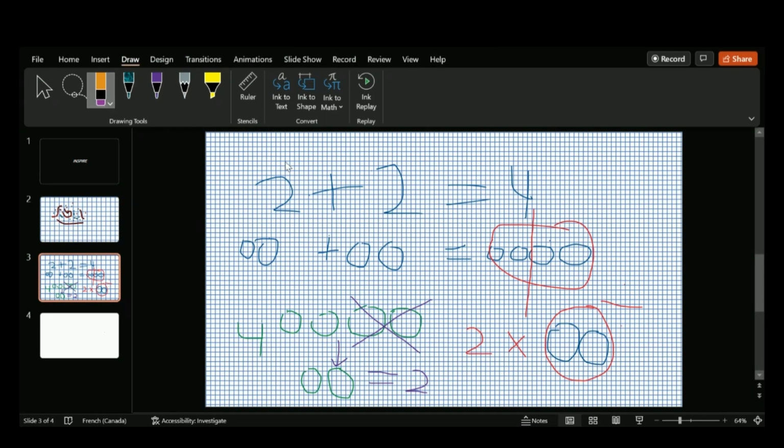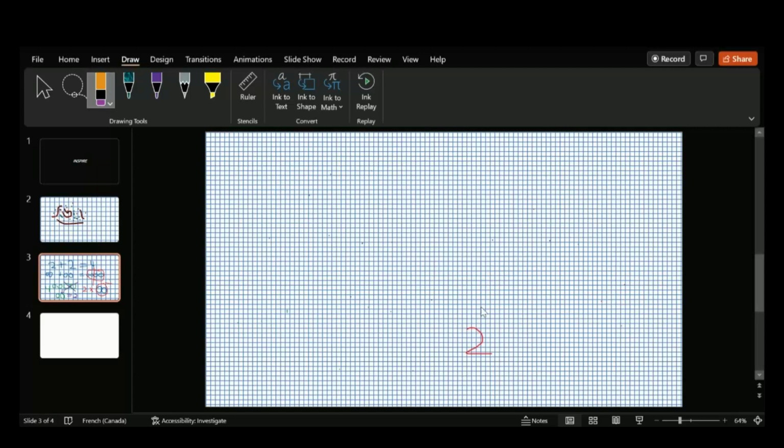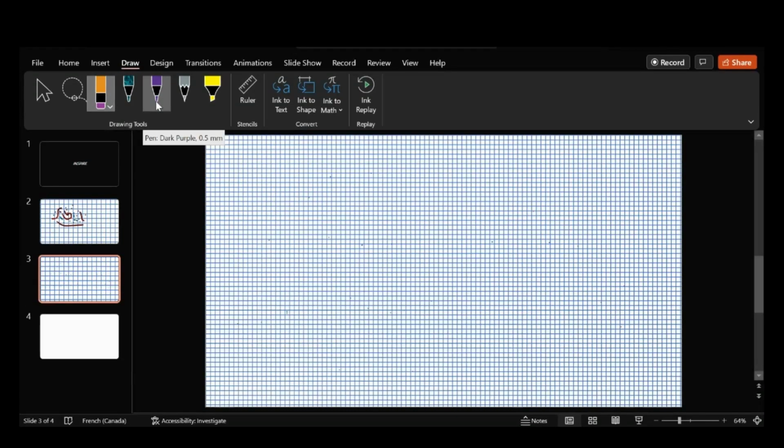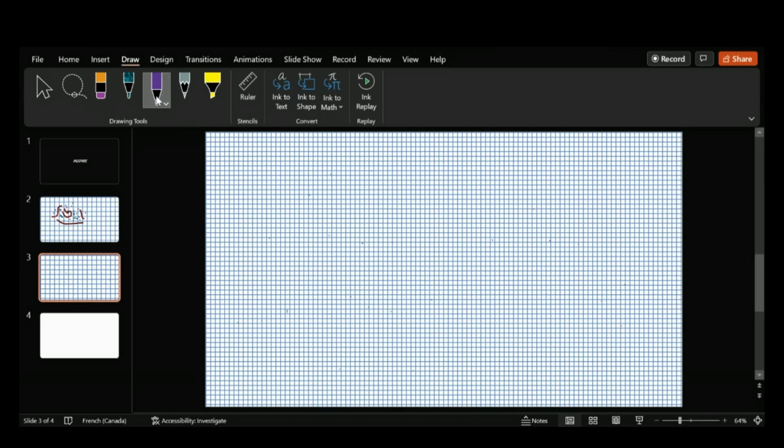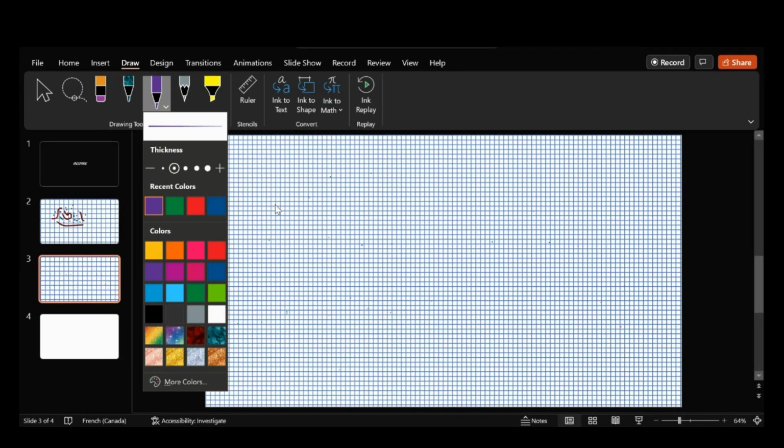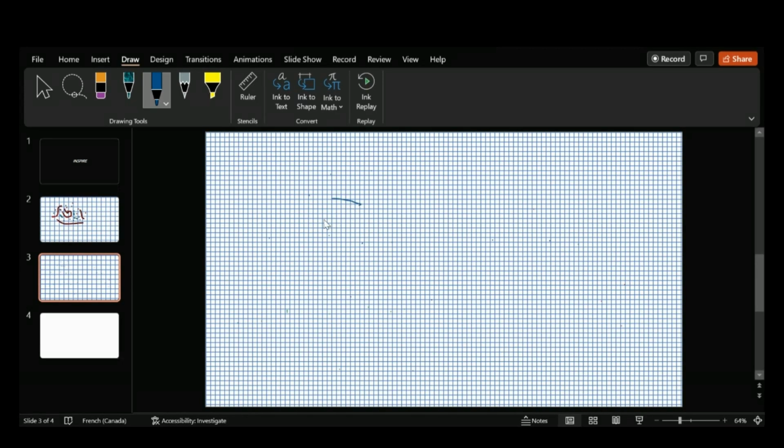So let's erase all of this. The equal sign is really important because, so let's make a balance.